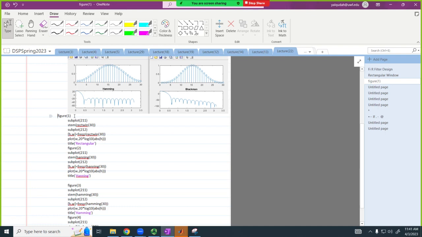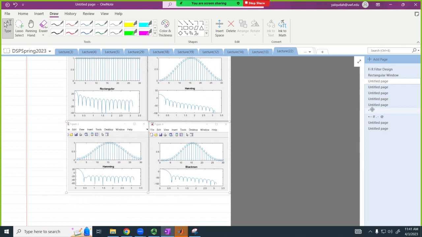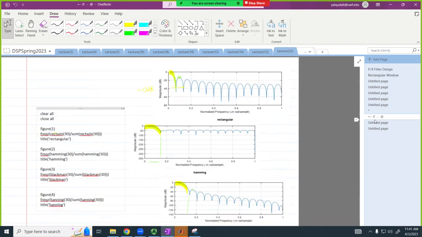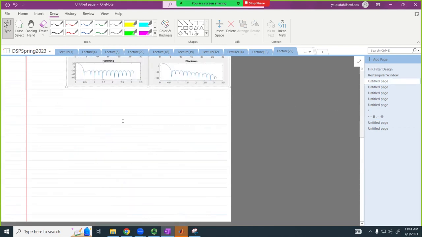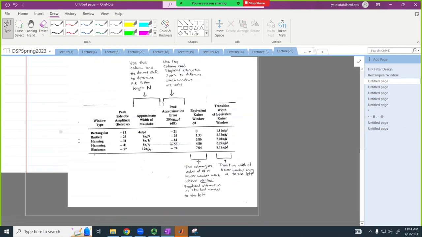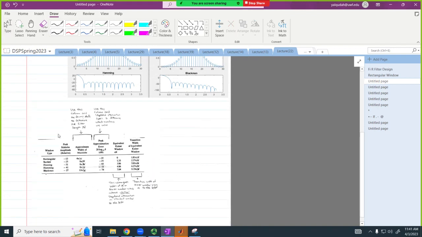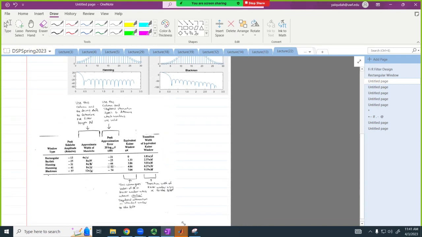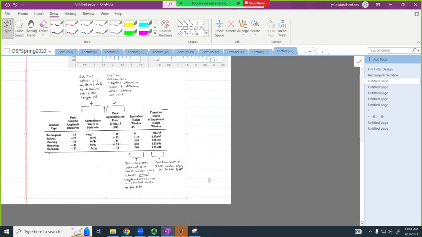I don't want this to paste like this, so instead, I'm going to paste this table here that highlights the differences between these different windows.